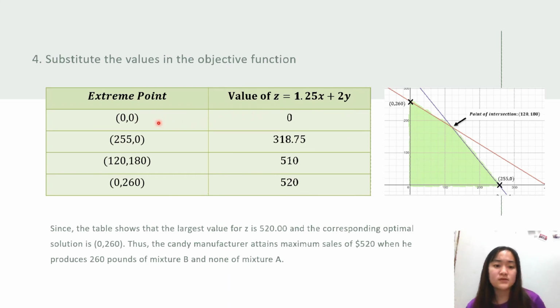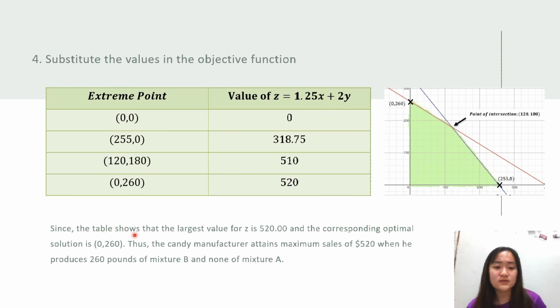For the point 0, 0, we will get the value of z equal to 0. For the point 255, 0, we will get 318.75. For the point 120, 180, we will get 510. For the point 0, 260, we will get 520.